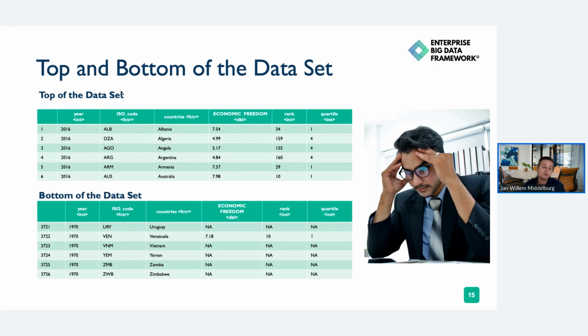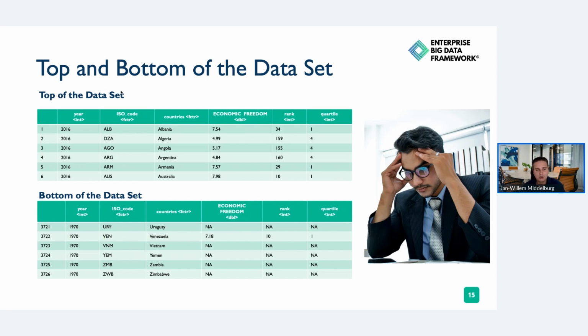However, if we review the bottom of the data set, then you see that there are more values missing than there are present. And if you zoom in a little bit closer, you can see that this obviously has to do with the data collection process. And obviously in 1970, there were fewer data measurements available than in the most recent measurement, which was in 2016.